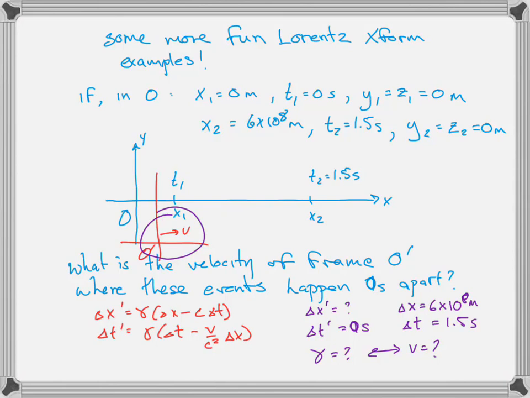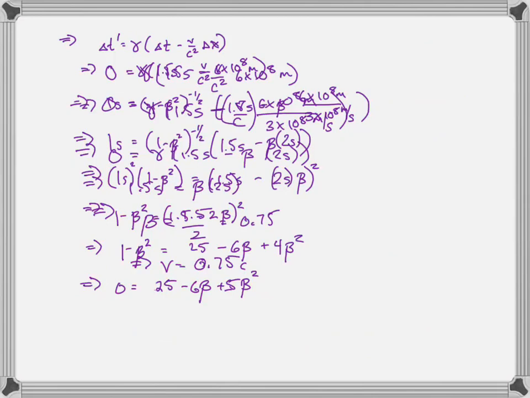In order for light, the fastest communication, light cannot get there in t equals 0 seconds. So these two events cannot be causal. They can't be causal because delta t prime equals 0.